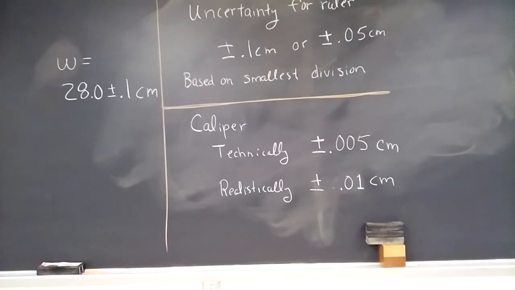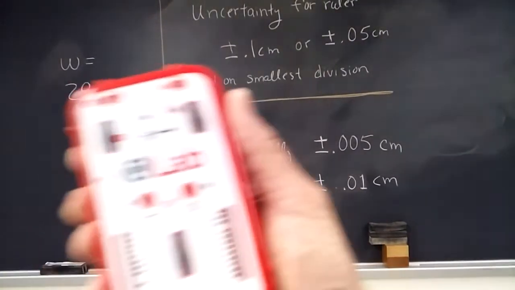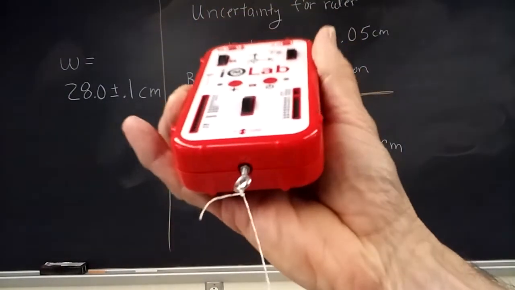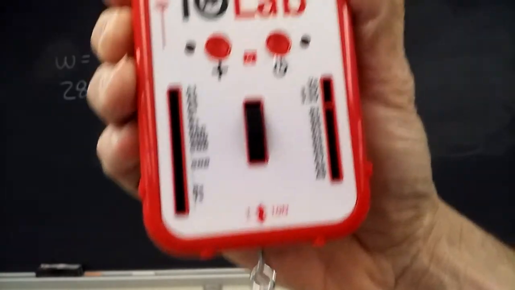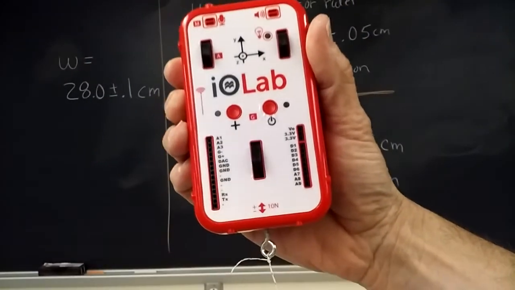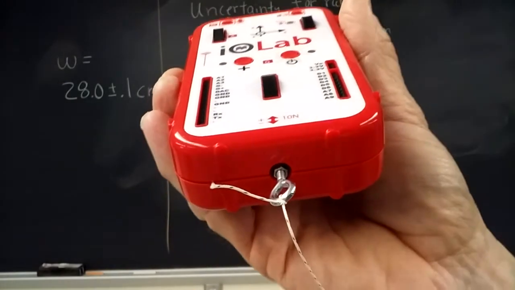But in any event, you've got your iOLab device. You can actually measure mass with it, and here's how you do it. Here's the iOLab, and there's a little hook or loop that will attach on the bottom. We haven't used it yet, but that should have come in your box with a couple of other little attachments.